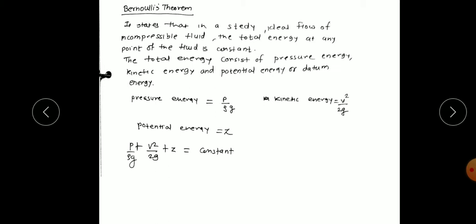Here the total energy at every point along the flow is constant. That is Bernoulli's principle. There may be conversion of pressure energy into velocity, or of velocity into pressure energy, but the total energy at a given point is constant.